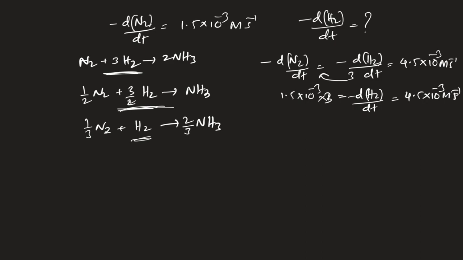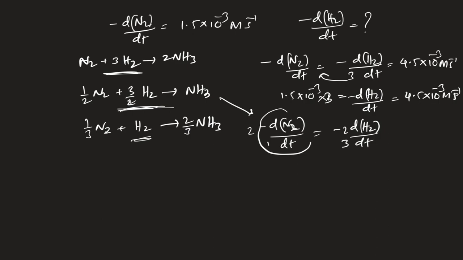Then with respect to this equation, minus d[N2]/dt, and here the denominator 1/2 means 2 goes to the numerator, is equal to minus d[H2]/dt. 3/2 means 3 here, 2 goes to the numerator. So this value is known.